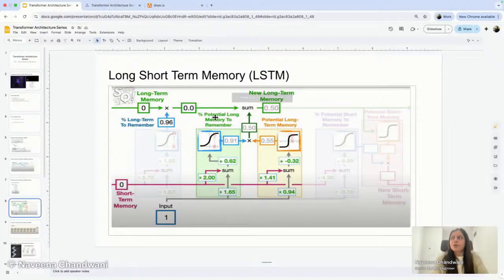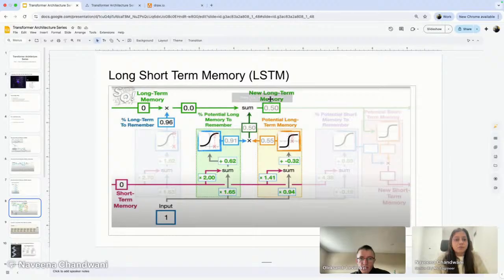A percentage of your potential long term memory is what gets passed forward and moves into your actual long term memory. So, your existing long term memory and your potential long term memory combined together will give you a new long term memory.